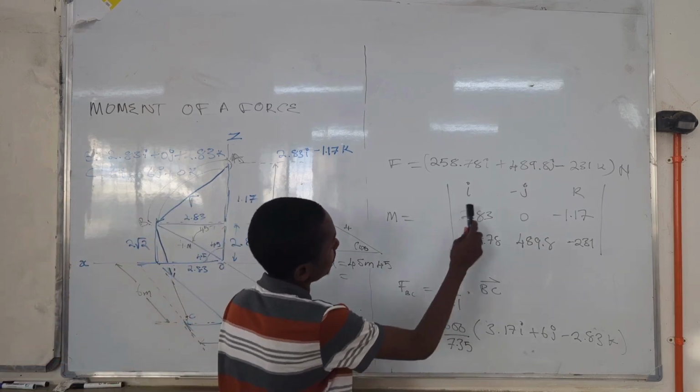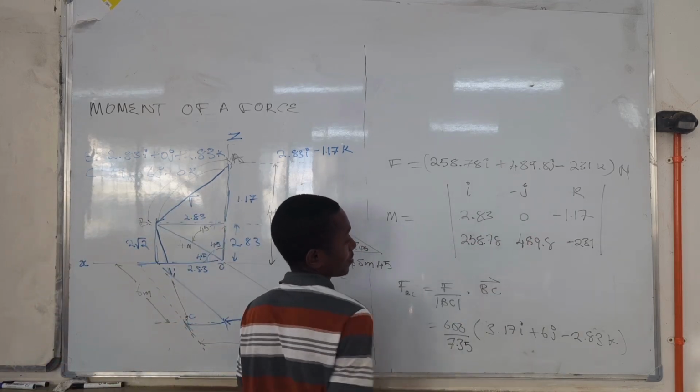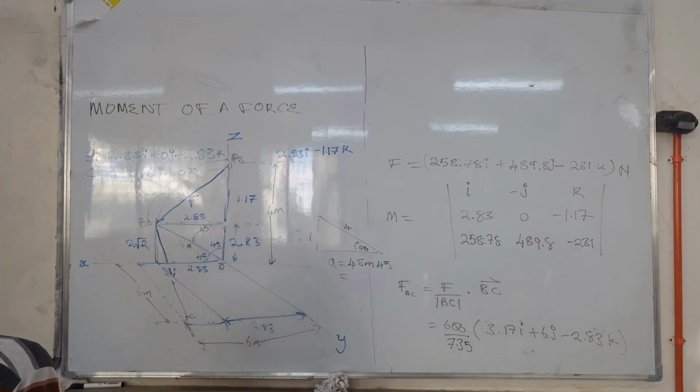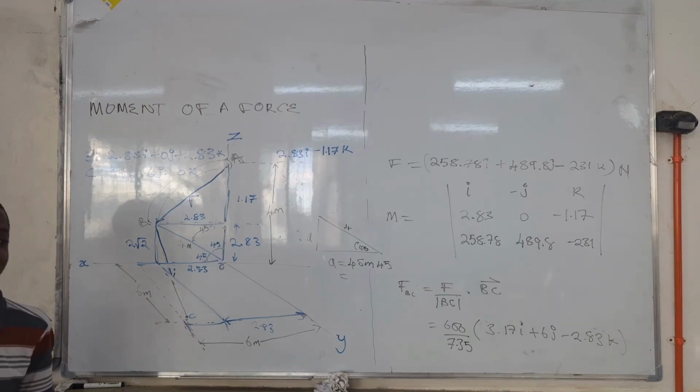Supposed to be positive, because this one times this one is positive. There's a negative here, when you do it like this. Yes, it's positive. Okay, we found it.